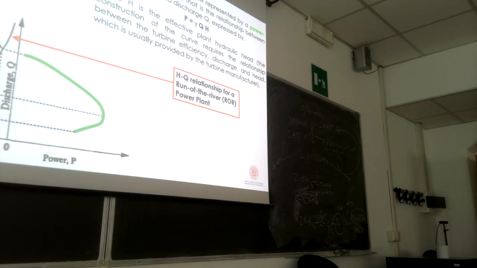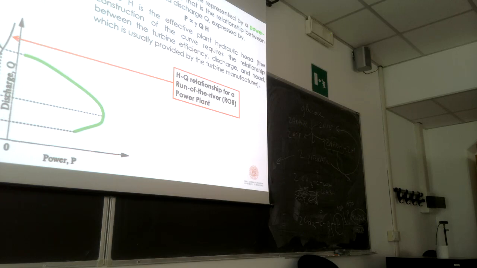This is the specific weight times Q. Q is the discharge that was sent to the turbine. And what is the discharge dimensionally? Volume over time.